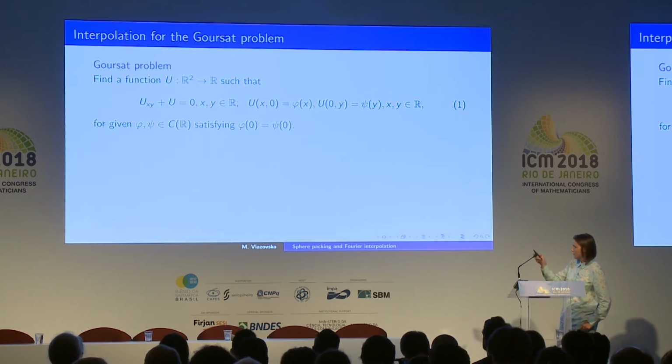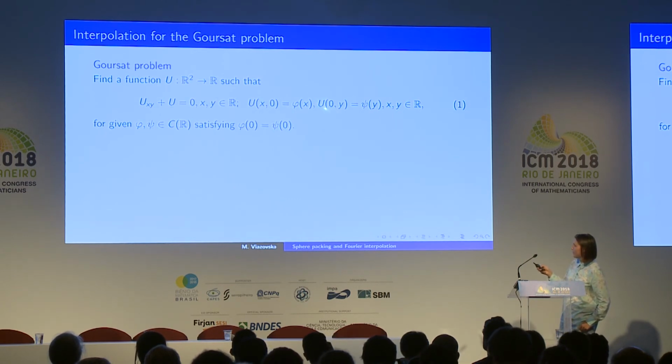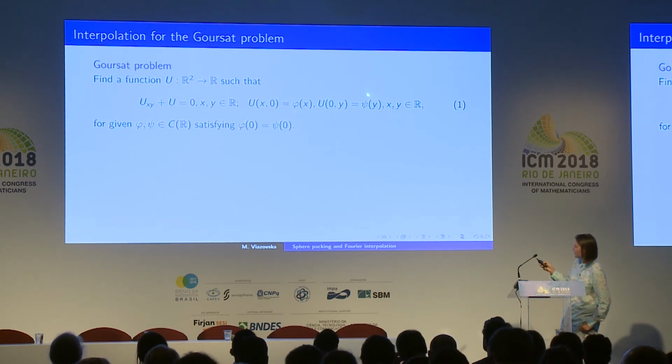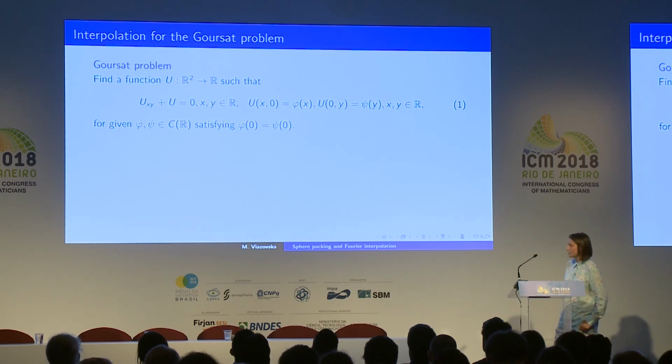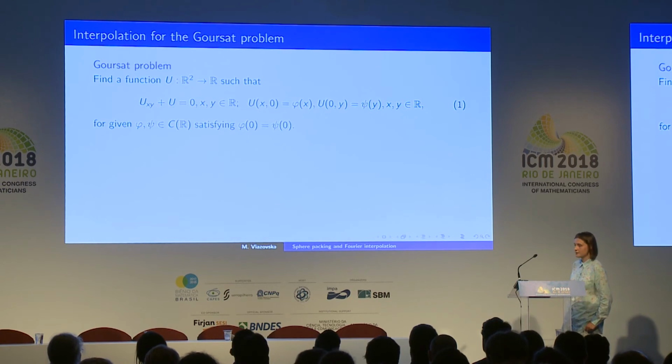So we have such a differential equation, and we know that the restriction of its solution to x equals 0 is given by one function phi, and its restriction to the other axis, y equals 0, is another function psi, and suppose that there is some agreement between them. So the question is, when can we find the solution?